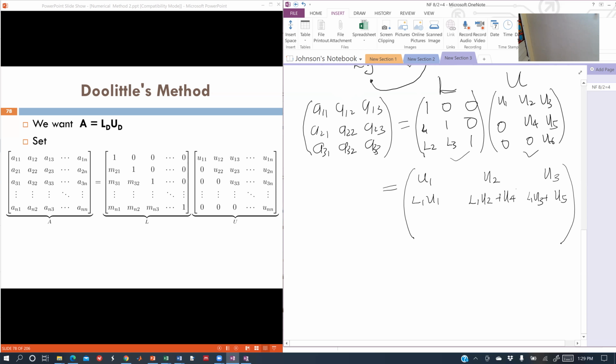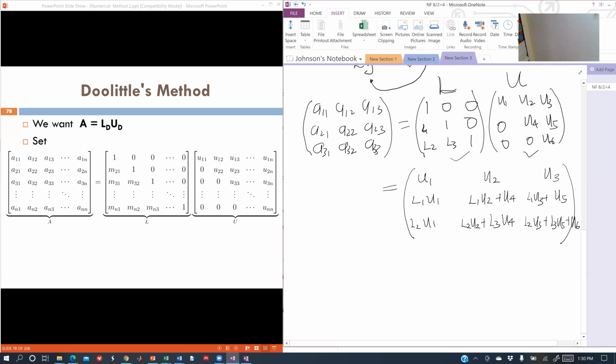Row 3 times column 1 is L2 U1. Then row 3 times column 2 is L2 U2 plus L3 U4. And finally, row 3 times column 3 will give us L2 U3 plus L3 U5 plus U6.